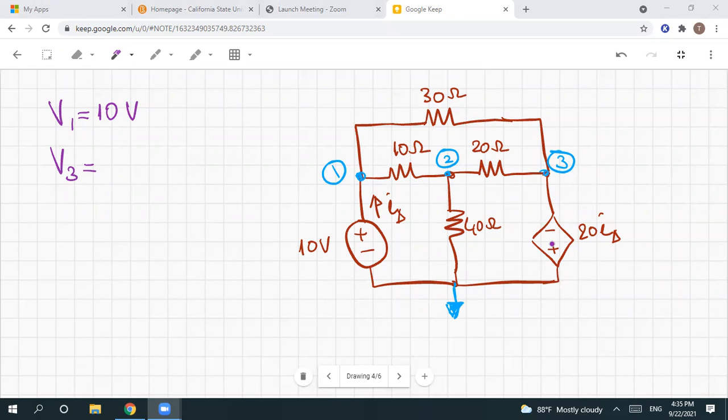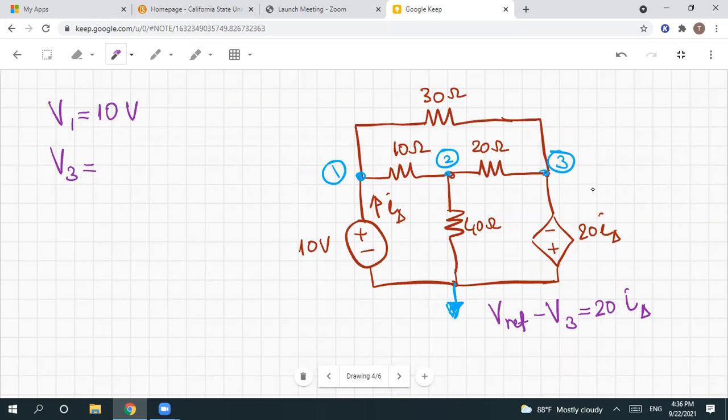I will start with the positive minus the negative. So I will say V reference minus V3 is equal to this voltage. And this voltage is 20 I delta. I started from the positive, which is the reference, and the negative.